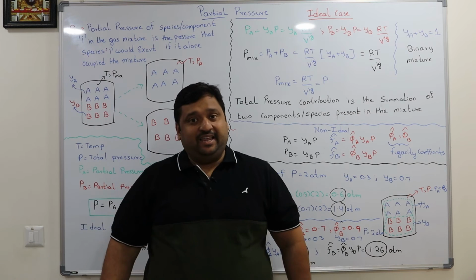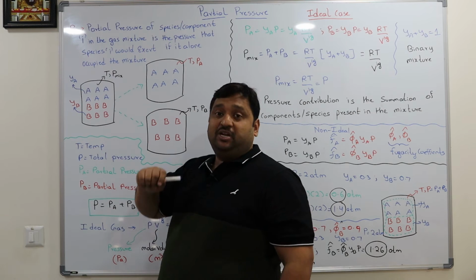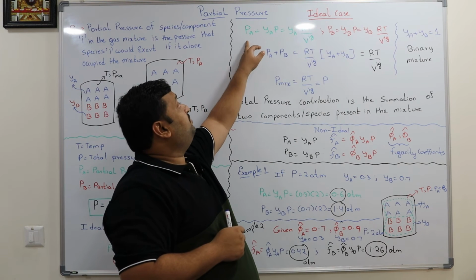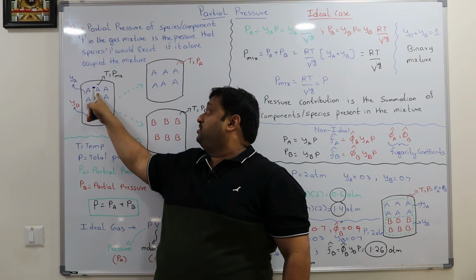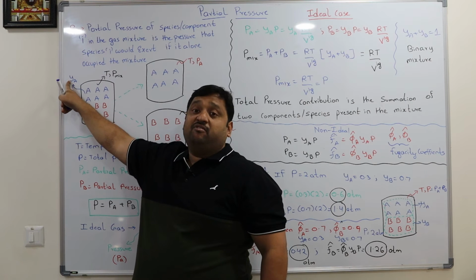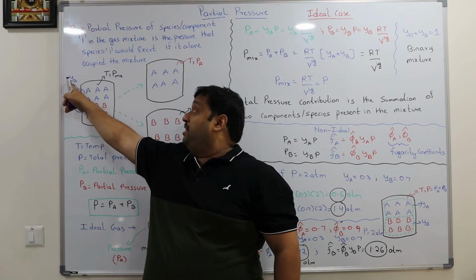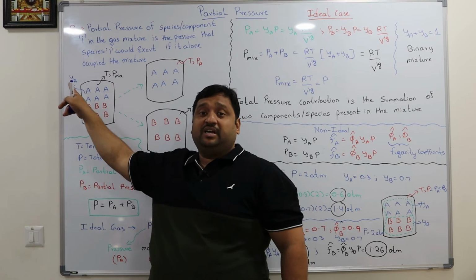If you know the gas is ideal, you can estimate the partial pressure of A. It is nothing but the mole fraction of A multiplied by the total pressure of the container.